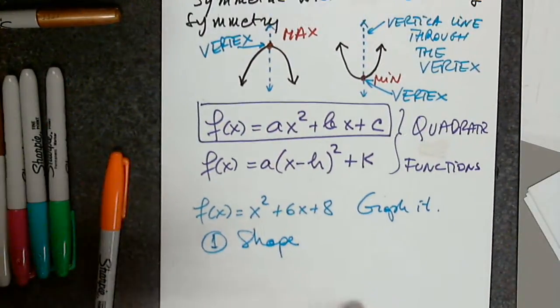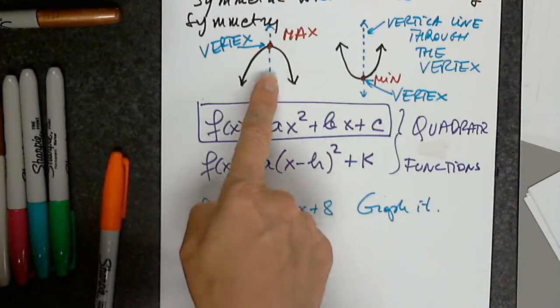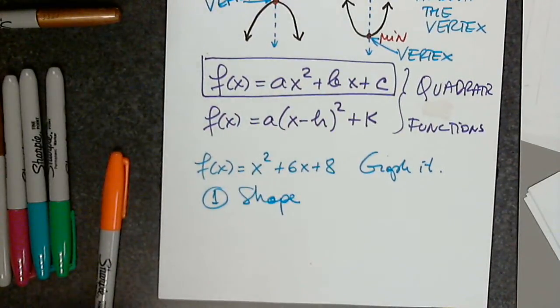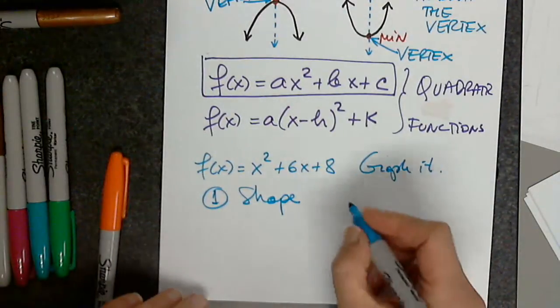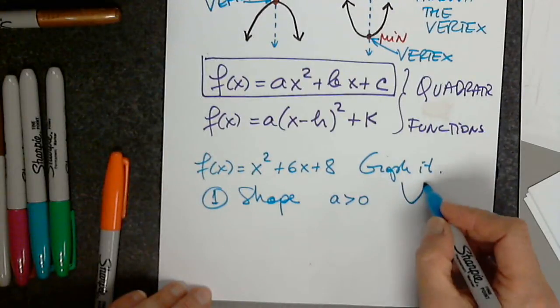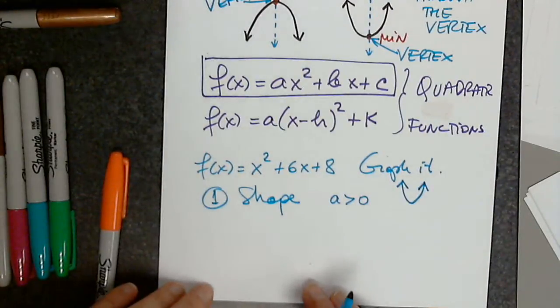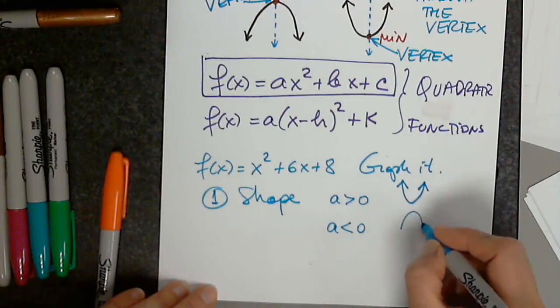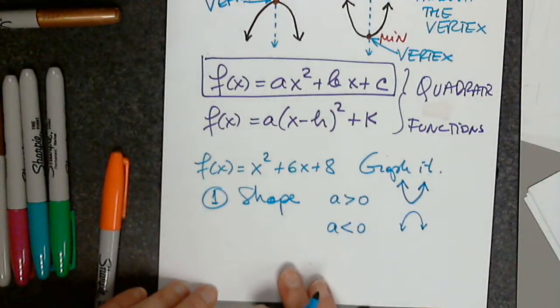By the shape I mean, does it have a maximum or does it have a minimum? And you should say, but we haven't graphed it yet. How will I know? We know. If the leading coefficient is positive, the parabola has a minimum. If the leading coefficient is negative, the parabola will always have a maximum.